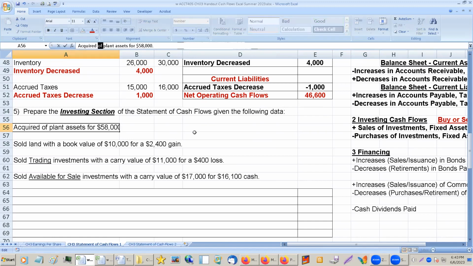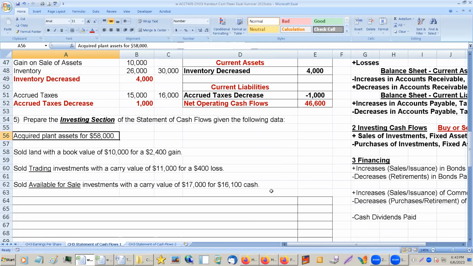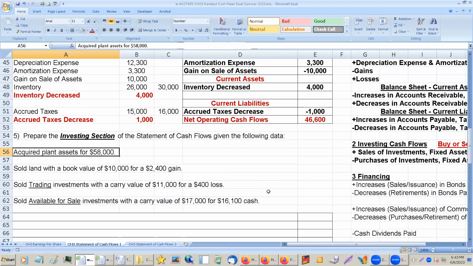Let's just change that to acquired plant assets. How about acquired plant assets for 58,000? Now acquired means you bought it. Is our cash going to go up or down? Down.